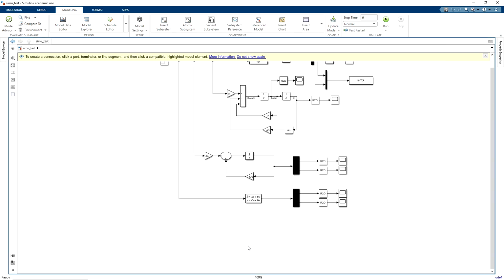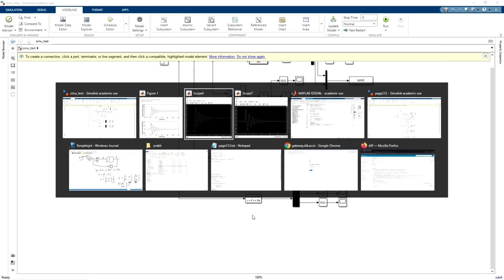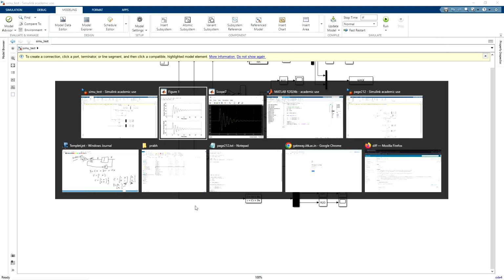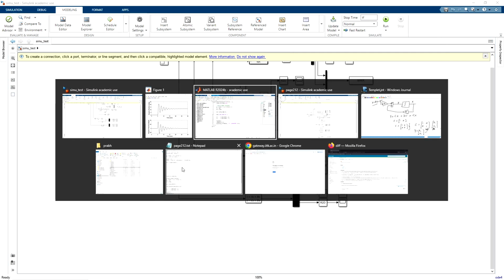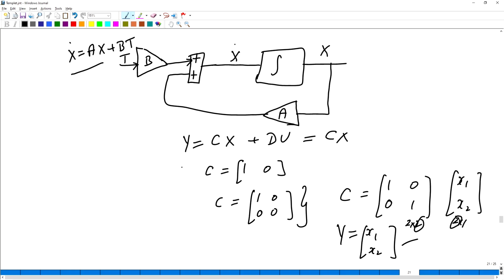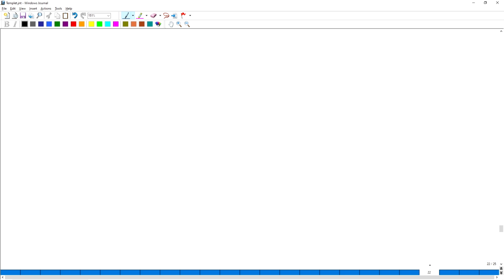Now let us go ahead with our final methodology, that is the transfer function approach. We will get to know what is the limitation for using that approach. Let us proceed using the transfer function approach.